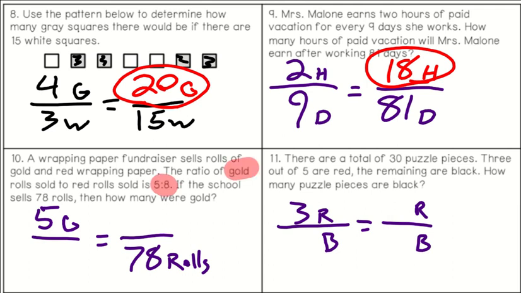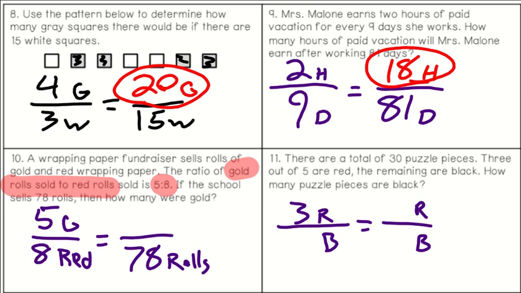That is gold rolls to red rolls. Everybody clear on that? So if I do my proportion, I would have 5 gold rolls and 8 red.